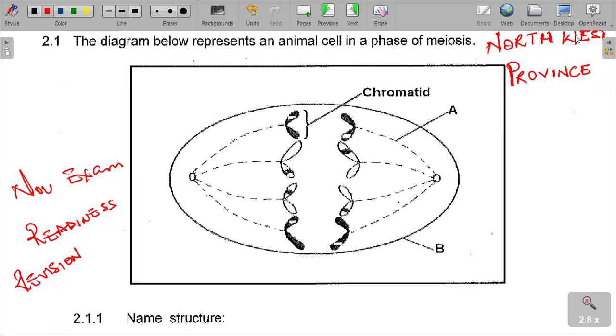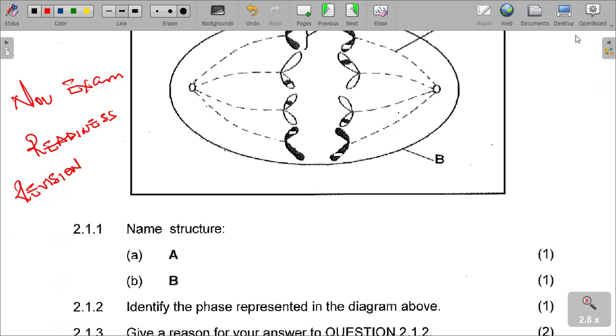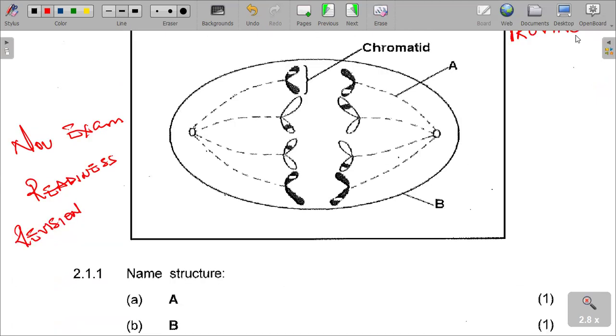Name structure A. What is A? It is spindle fibers. Other books or sources can say spindle thread, spindle fiber, or thread.